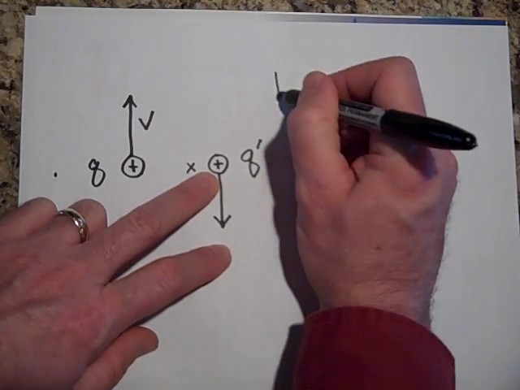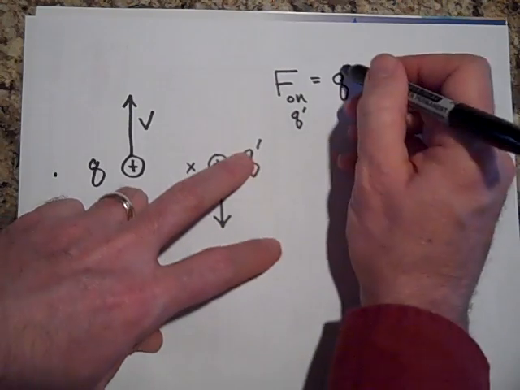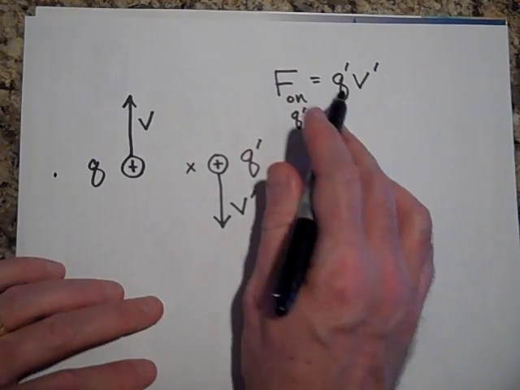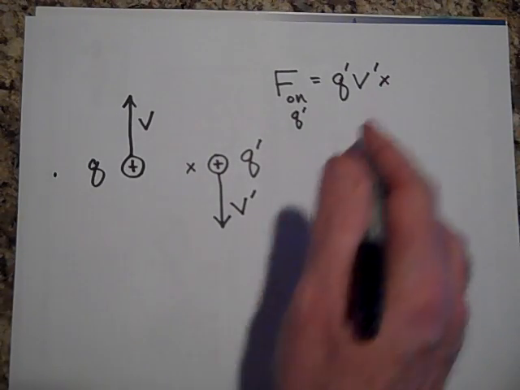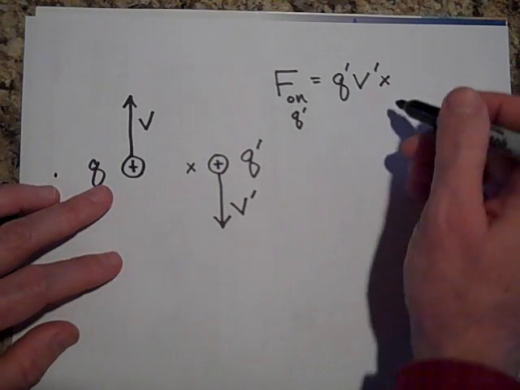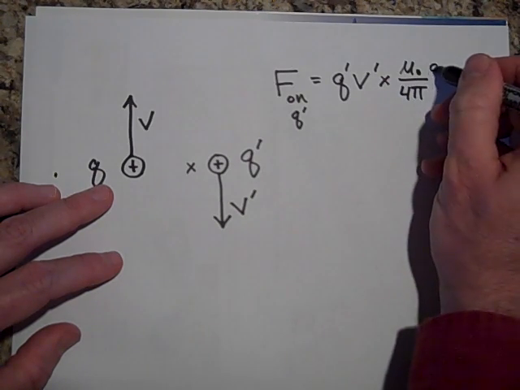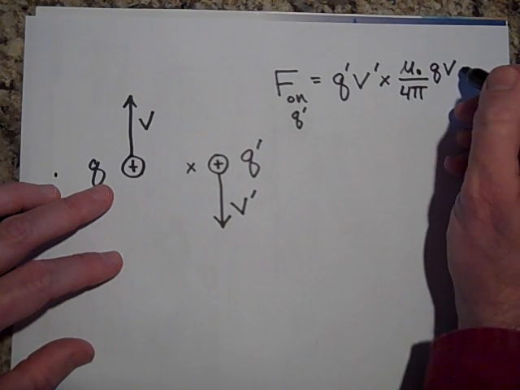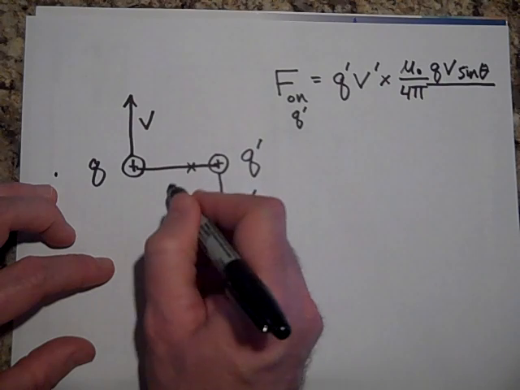So the force on Q prime should equal Q prime times V prime, which I'll call this V prime, cross the magnetic field strength, Q V prime cross B. The magnetic field strength from this guy we get from this equation: mu naught over 4 pi times Q times V, these are just Q and V, times the sine of theta, all over this distance squared.